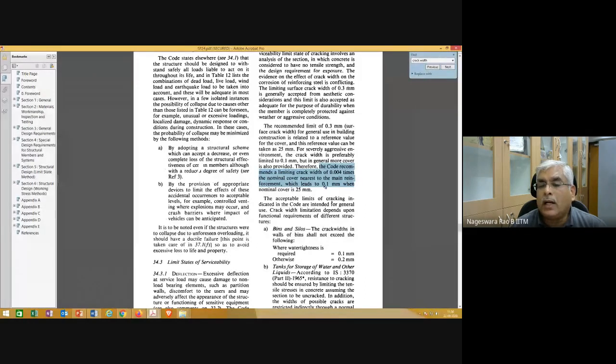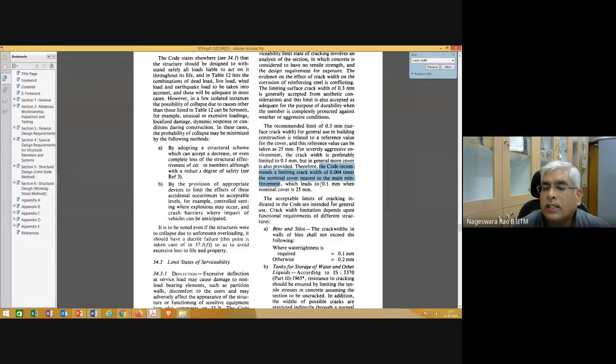You just read up to this, okay? And if your cover turns out to be 25 mm, this value, the code recommended limiting crack width, is 0.1 mm.